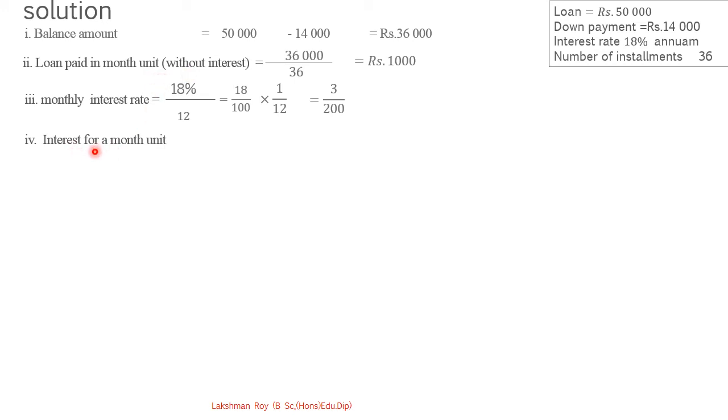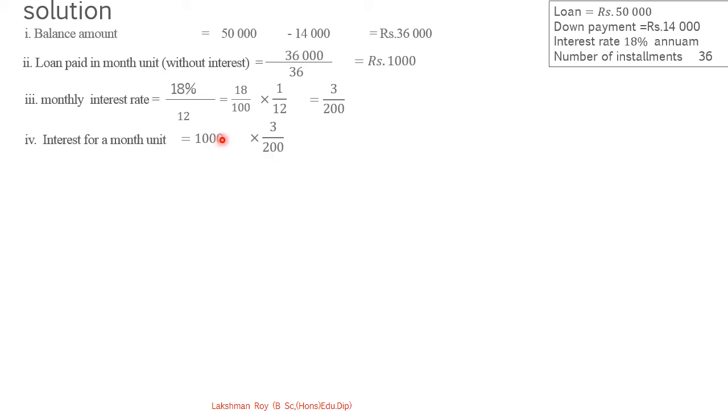The loan paid in month unit is 1000 rupees, so we have to calculate interest for this 1000 rupees. How to calculate? Here the amount is 1000, which should be multiplied by the monthly interest rate. Then you can multiply a whole number by a fraction.